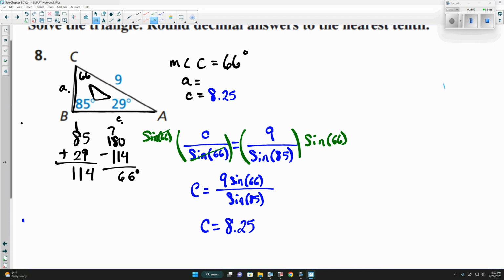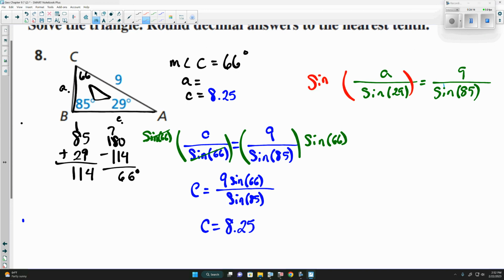Now we need to do the other one, which is A over sine of 29 is equal to 9 over sine of 85. This time we're going to multiply both sides by what? Sine of 29, because the sine of 29 would cancel.